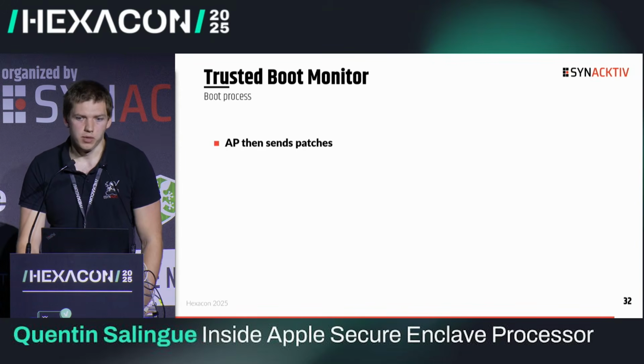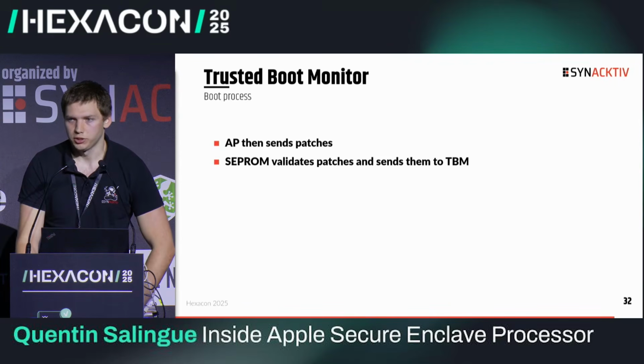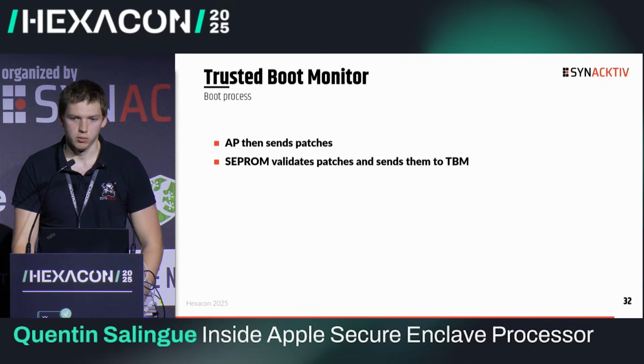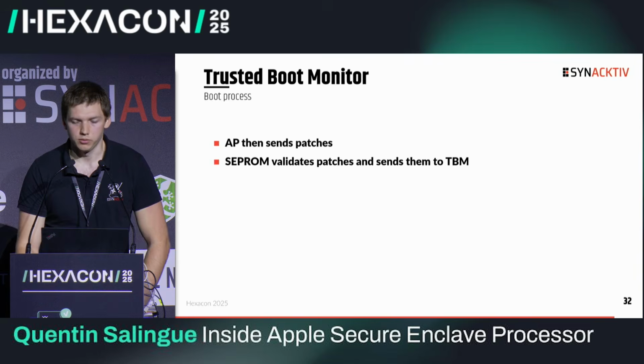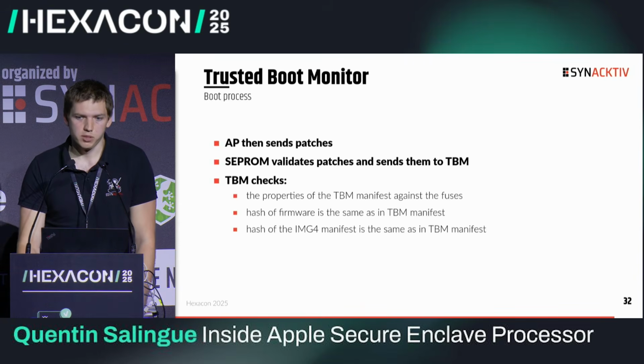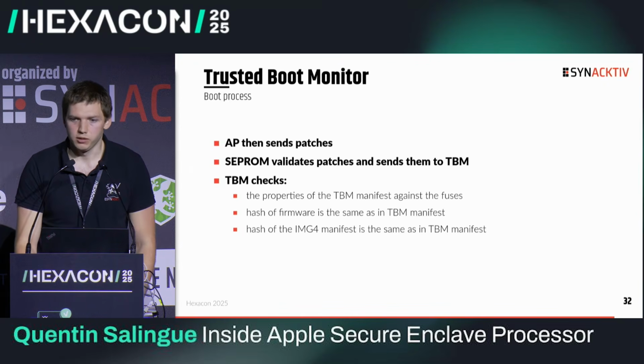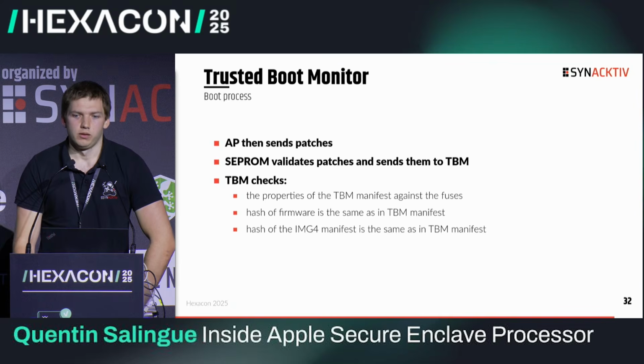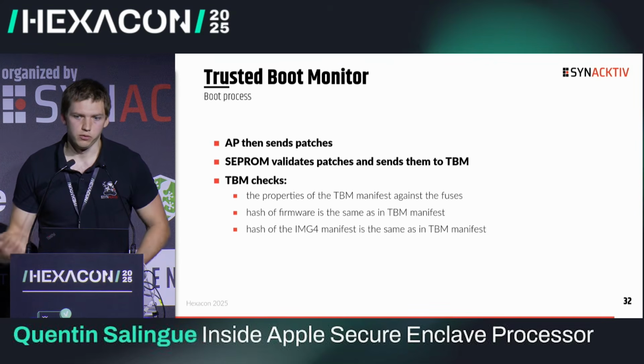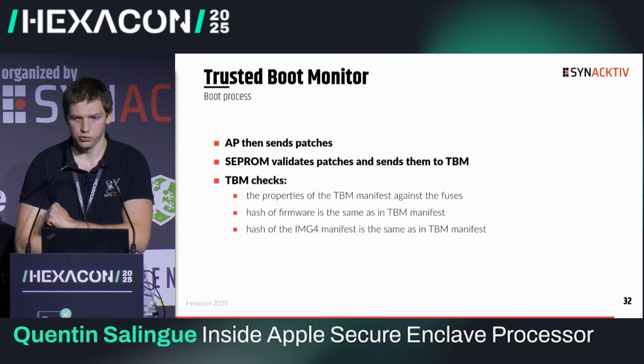Then the AP will send the patches. Patches will be validated by the SEPROM, and the SEPROM will send them to the TBM. And at that point, the TBM will do another pass of checks. It will check that the properties that were given in the UCON match the properties of the phone, so the ones that are in the fuses.